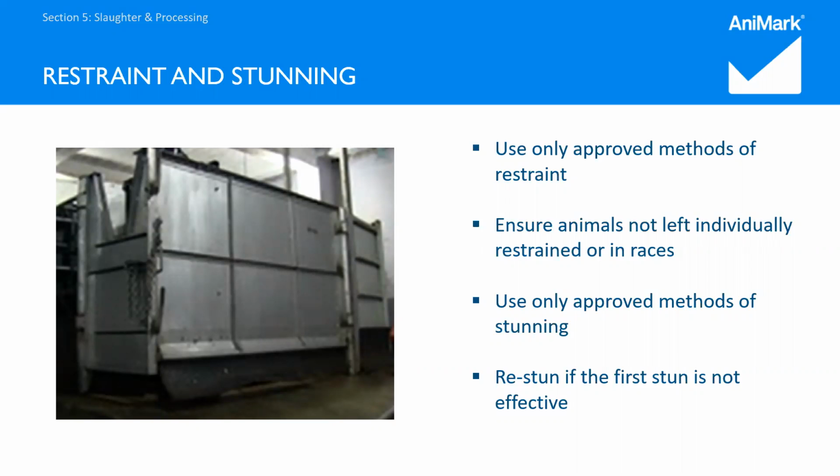An equivalent backup stunning device must be available in case the primary stun device fails. If the first stun is not effective, the animal must be re-stunned immediately with the backup device if the primary stunner has not worked. Slaughter needs to occur without delay following stunning or the taking hold of restraint.